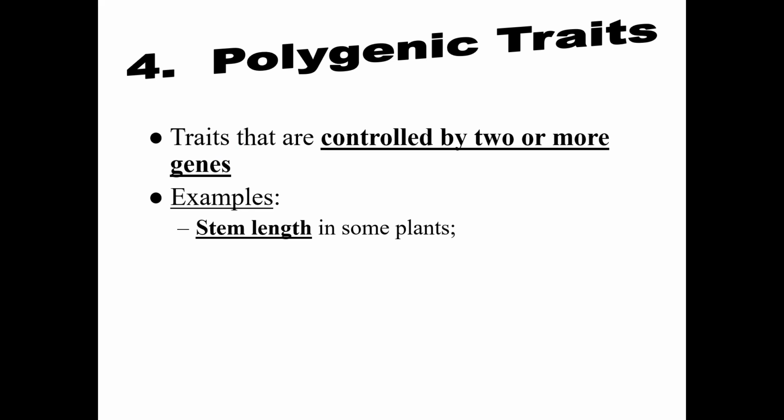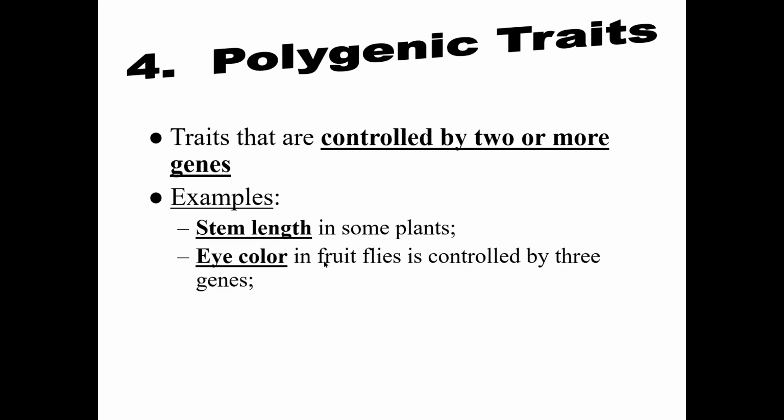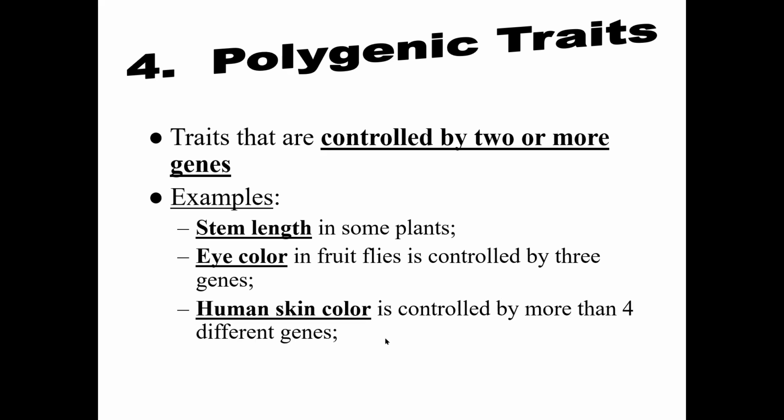You can think of each gene adds something to the trait to strengthen the trait, right? So it mentions here the length of stems in plants, all right, or eye color in fruit flies, controlled by 3 different genes, and human skin color is controlled by more than 4 genes, right?